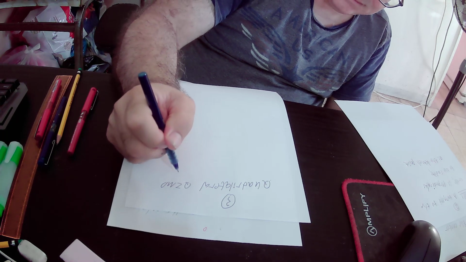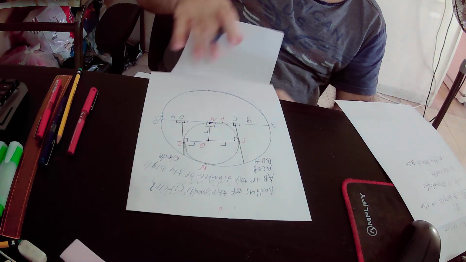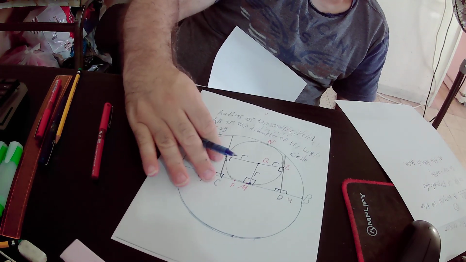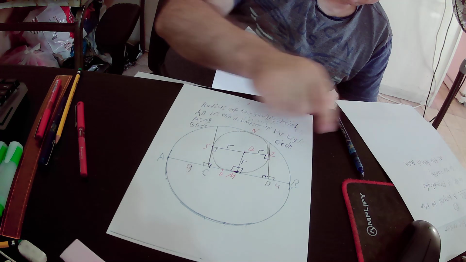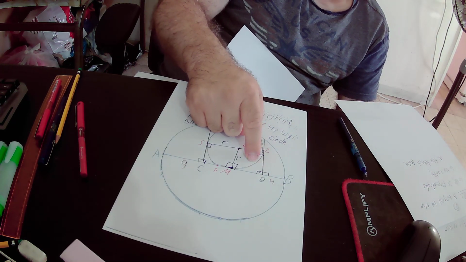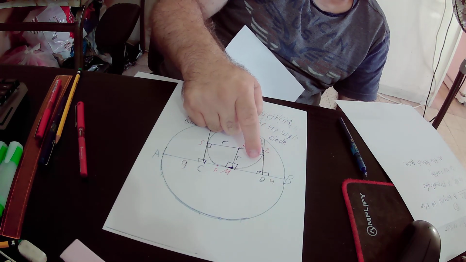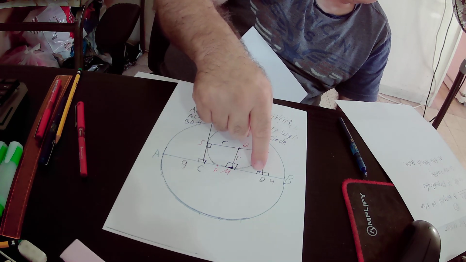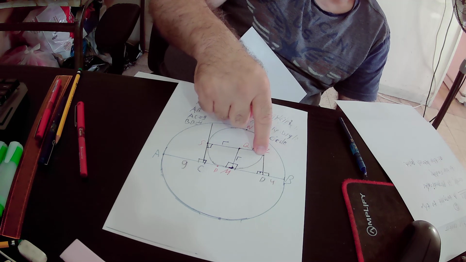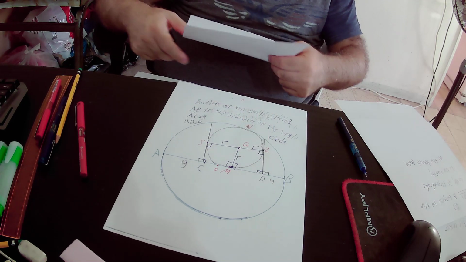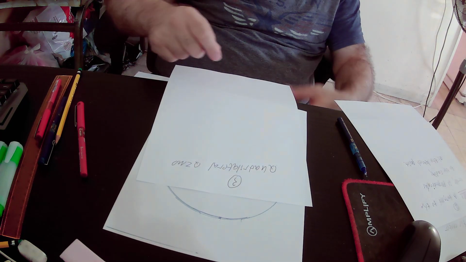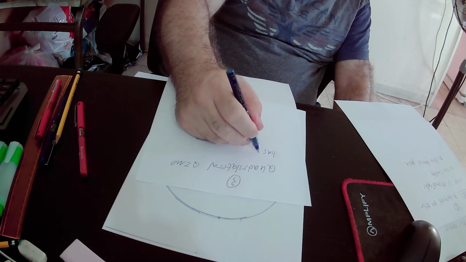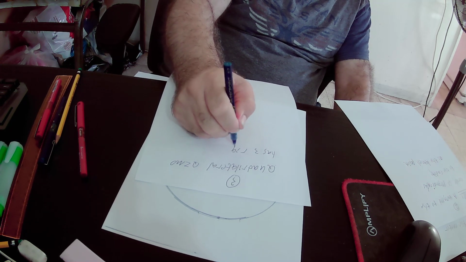This quadrilateral has three right angles. This is a right angle, this is a right angle, and also this is a right angle. Okay, quadrilateral QZMD has three right angles.